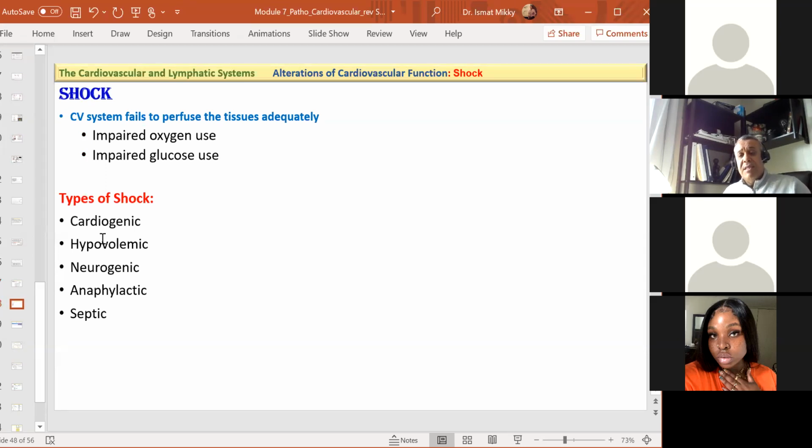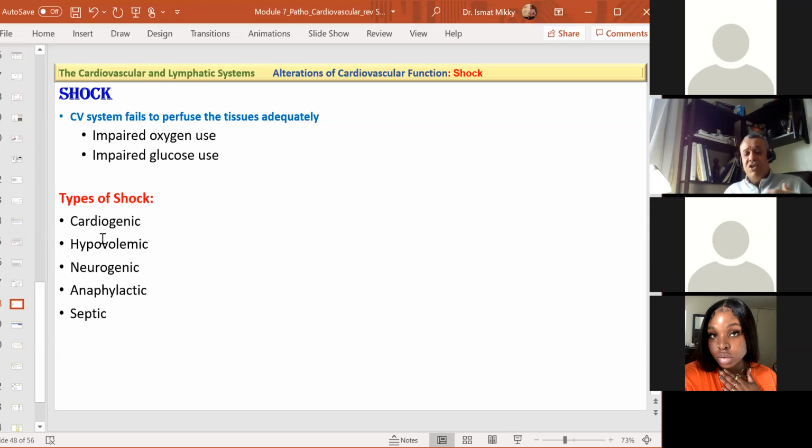What precedes the cardiovascular system failure is other processes, diseases, conditions.